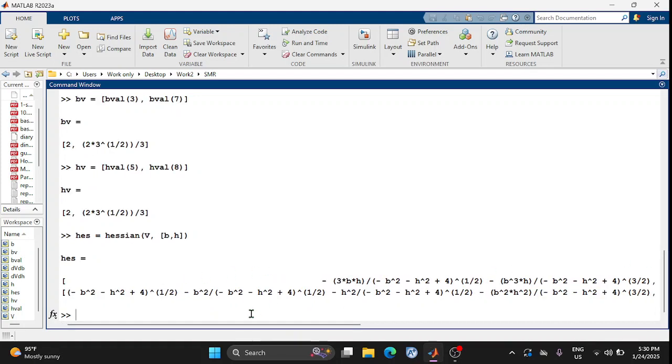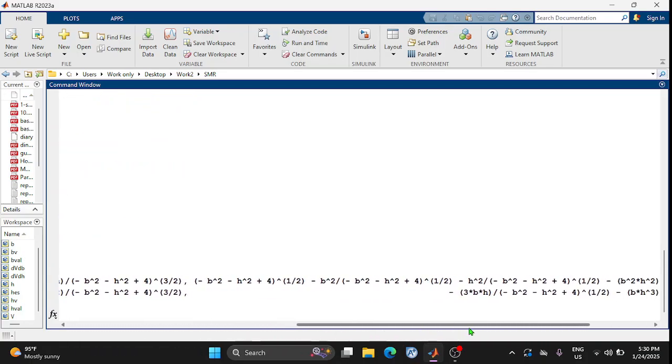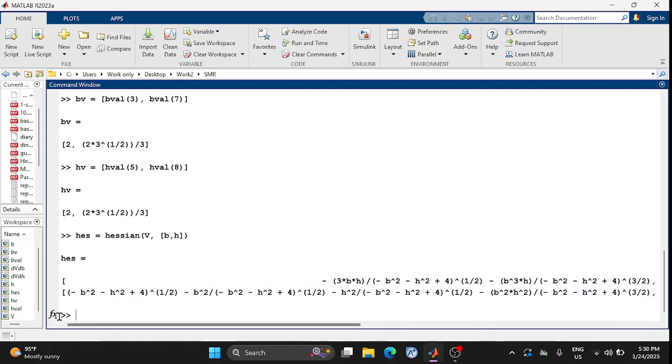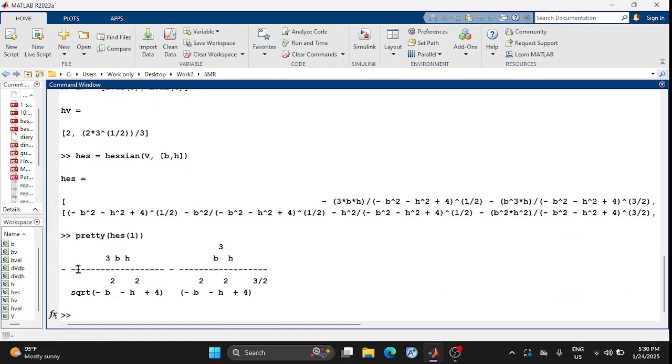This is the first, we have the other half on this side and the last one on this side. If I pick the first entry of the Hessian, and I want it to look a little nicer, I use the inbuilt pretty function. So this becomes our first entry for the Hessian of the volume expression.